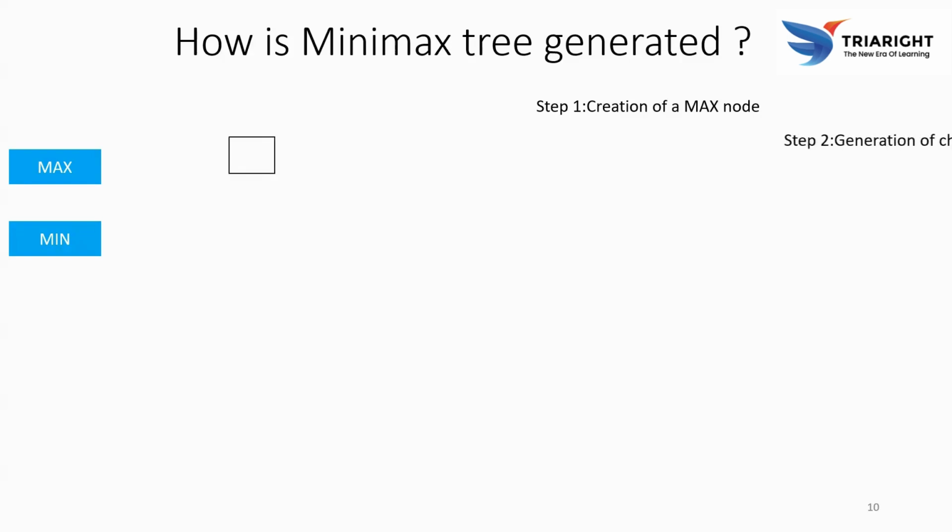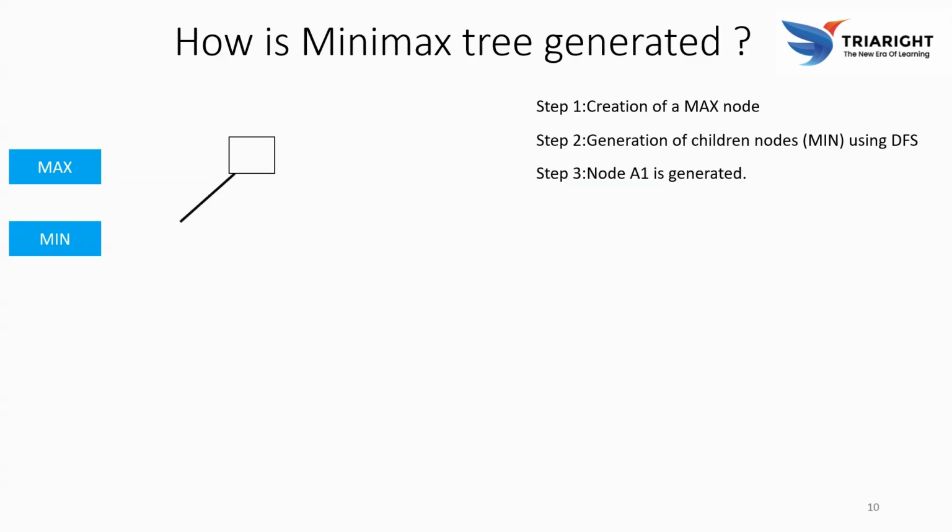So here we can say, step two, generation of children nodes using the DFS. From the initial max node, the algorithm explores all the possible moves that the max player can make. Each of those possible moves leads to a new game state, and this new state becomes a child node of the current max node. So node A1 is generated.